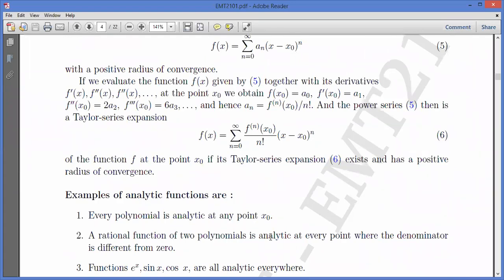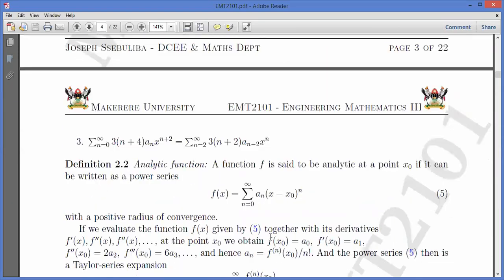Now in here, we have a few definitions that I'm going to demonstrate. One is to know if you have a function, is it analytic or non-analytic? Of course, for a function to be analytic, that function must be defined. If it is undefined, then it is not analytic.